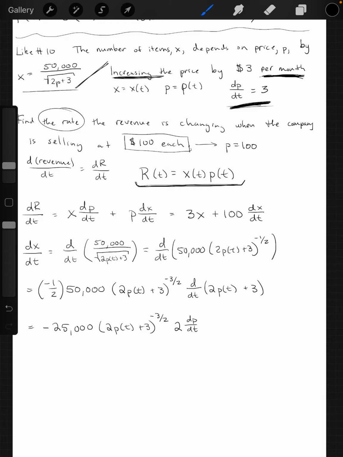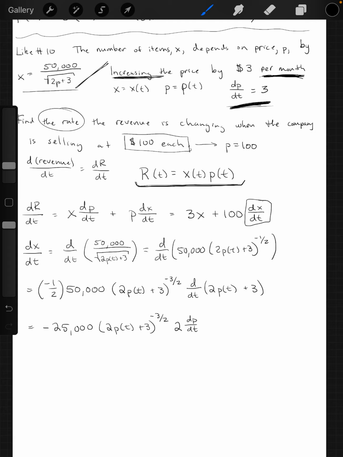Whew. Okay. But we don't care about this function in general. The thing we're going to plug in here is what we get when we fill stuff out.